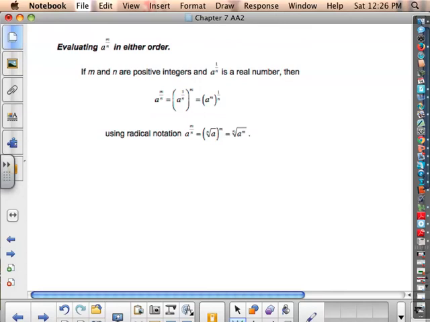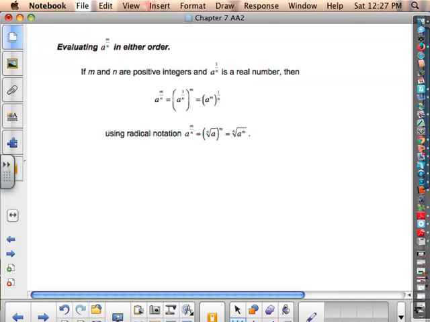Evaluating a raised to the m over n, if m and n are positive integers and a raised to the 1 over n is a real number, then what you can do is use this in simplifying some of these expressions. So you can actually take a radical or a rational exponent and simplify it this way.